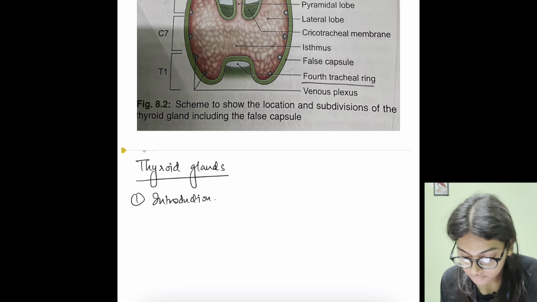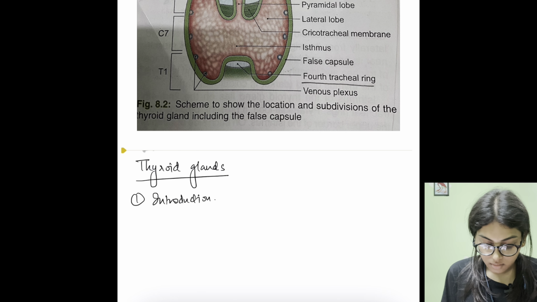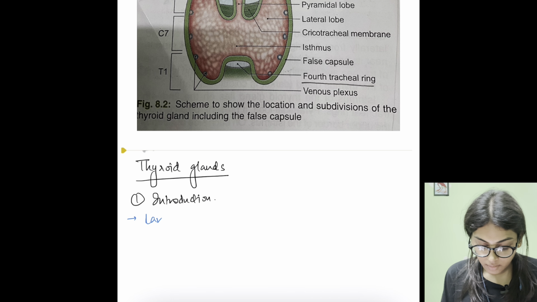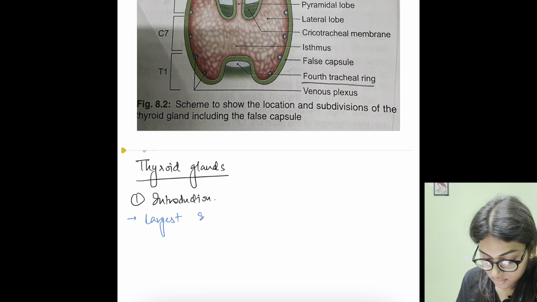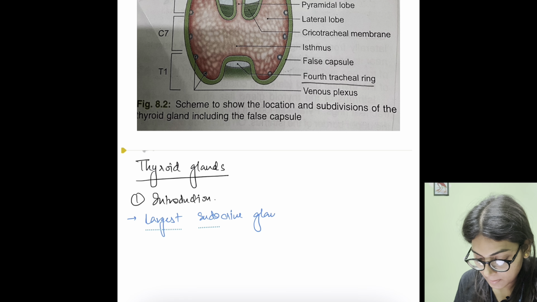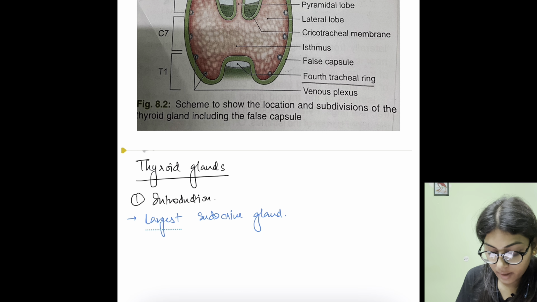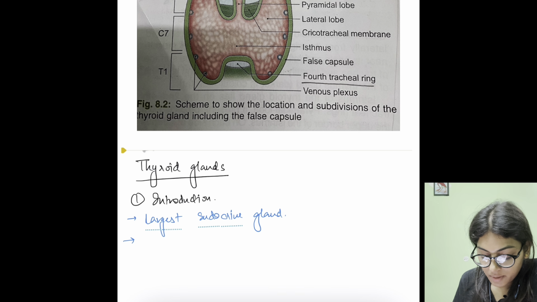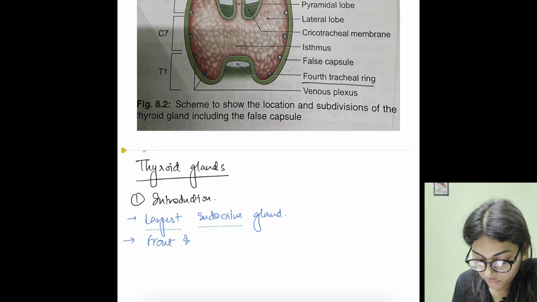So in the introduction, it is the largest endocrine gland, and it is mainly present in the front and side of the neck.